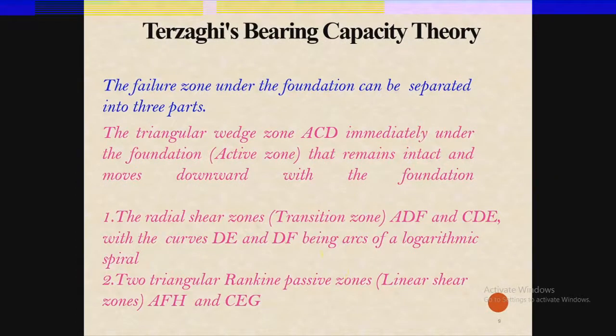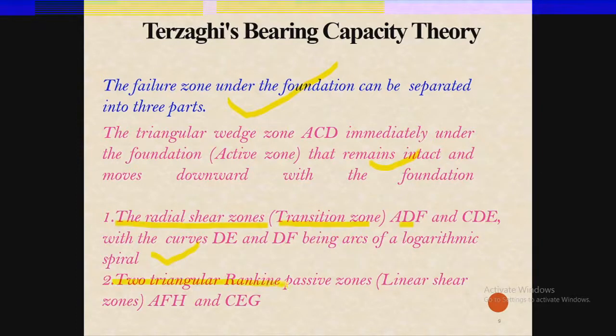This slide is the representation of the same discussion which I have completed in the previous slide. The triangular wedge zone ACD immediately under the foundation is known as the active zone, which remains intact and moves downward with the foundation. Then the radial shear zone, also known as the transition zone, ADF and CDE, with the curves DE and DF being arcs of a logarithmic spiral.